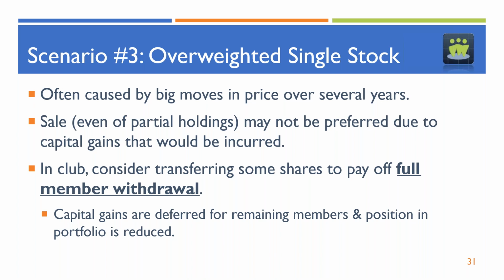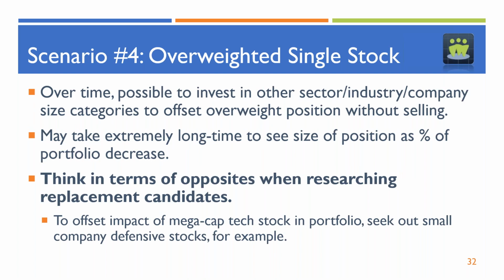Another point that you can consider when you've got an overweighted single stock is if you've got a stock that you're selling at a capital loss, you can sell a little bit of the overweighted holding at a capital gain, and sell enough so that the gain and the loss offset. So there's a net gain/loss of 0 from the sale of the two securities, and thus lighten up a little bit of that overweighted holding.